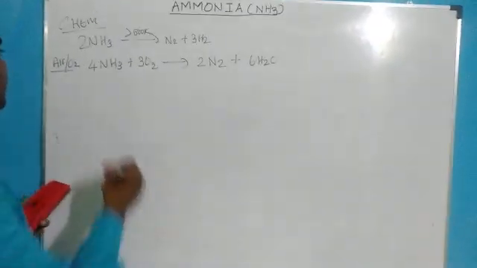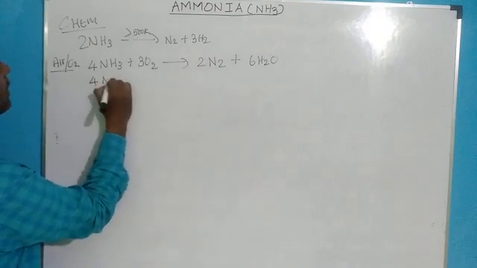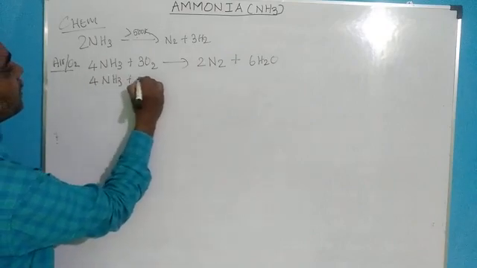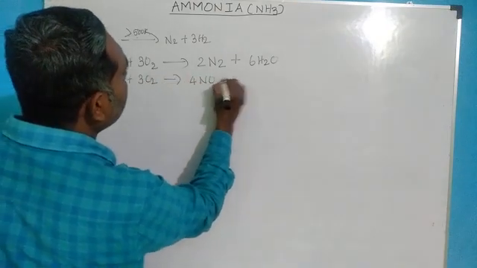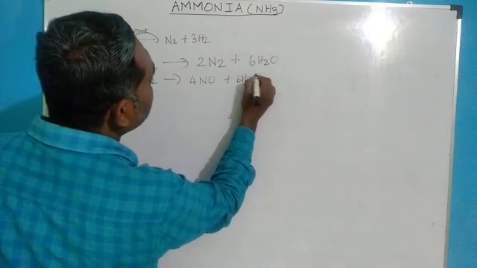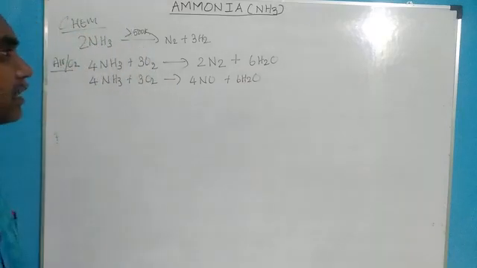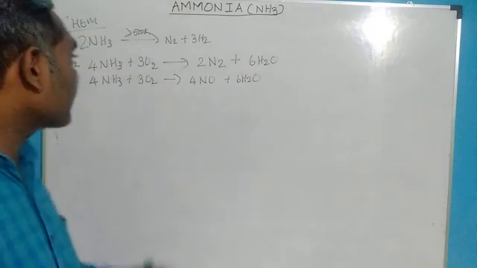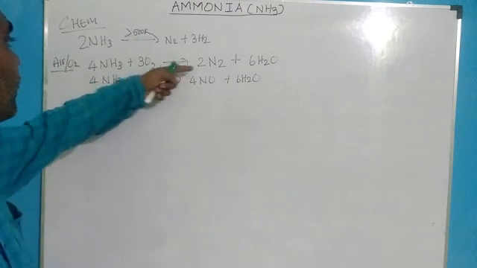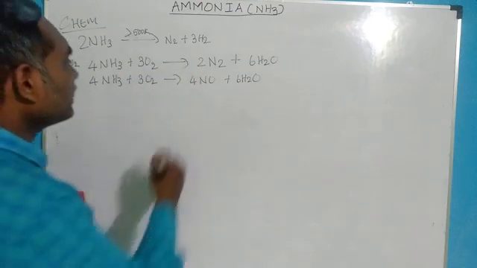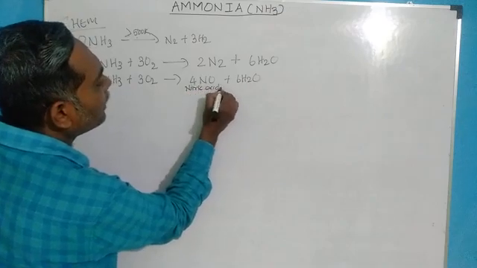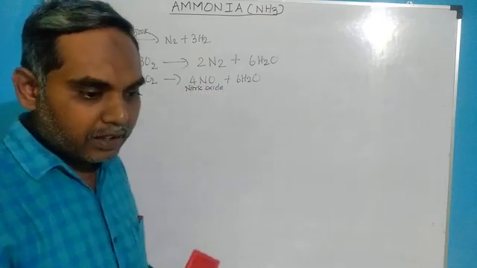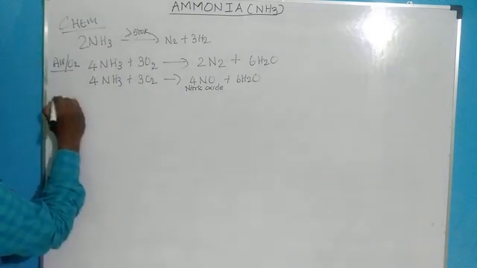If excess of air reacts, 4NH3 plus 5O2 gives 4NO plus 6H2O. So these are the reactions in which ammonia yields nitrogen, and this is nitric oxide.